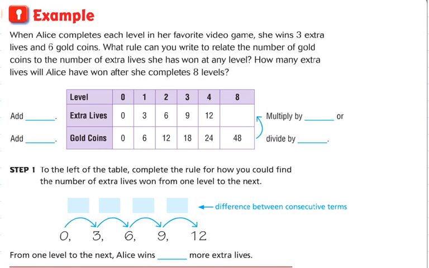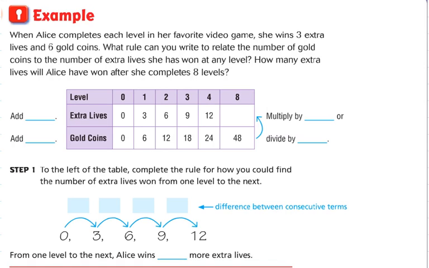So 0 level, 0 lives, 0 coins. First level, 3 lives, 6 coins. Second level, 6 lives, 12 coins. Third level, 9 lives, 18 coins. 12 lives, 24 coins.